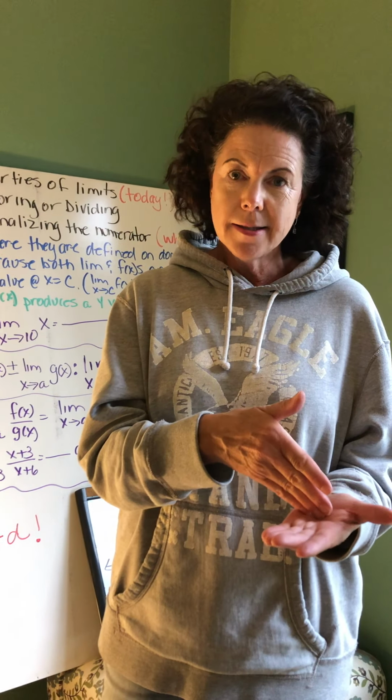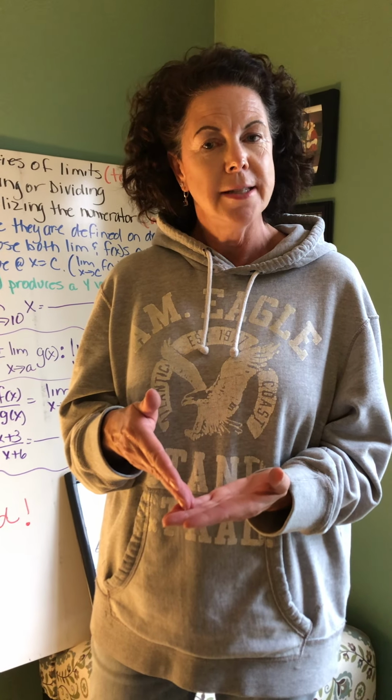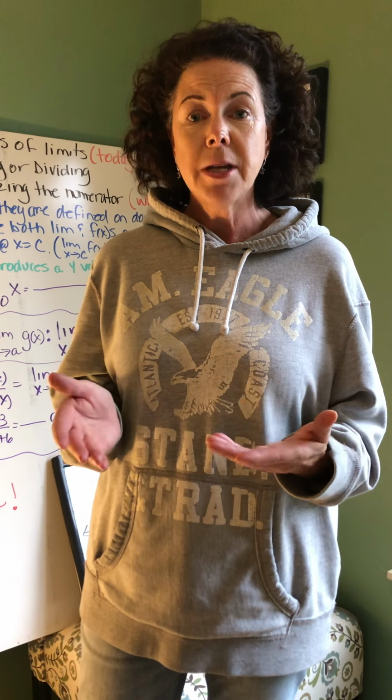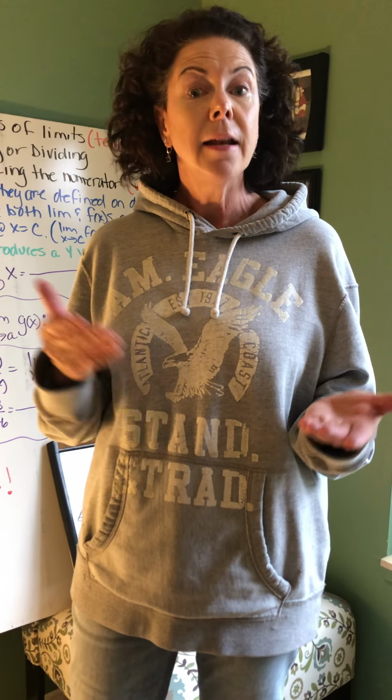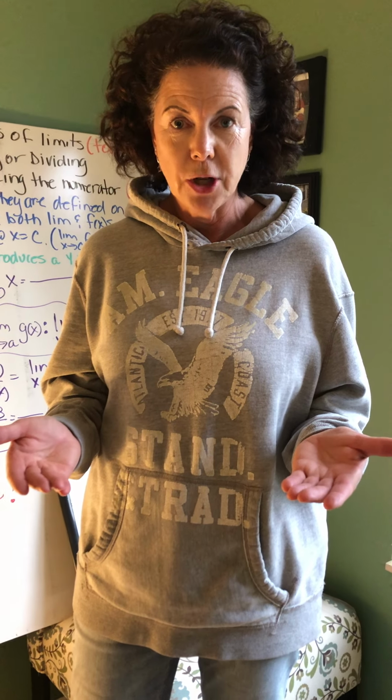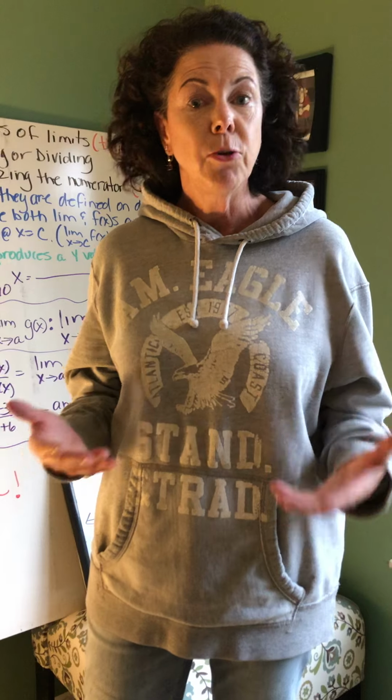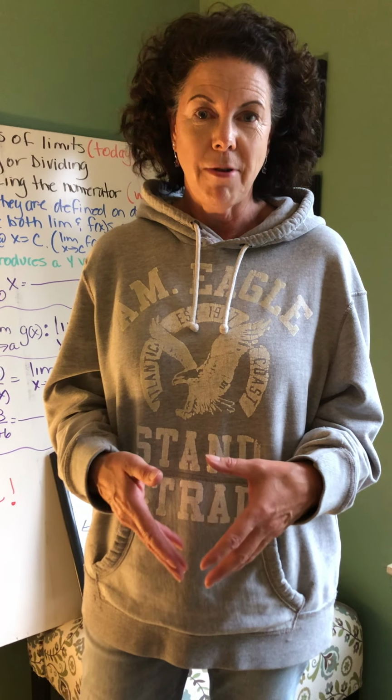Sometimes the limit exists and the value of the function does not. Sometimes it's the opposite. Sometimes the limit exists and it equals the value of the function. But my point was that we have to evaluate those two items separately.